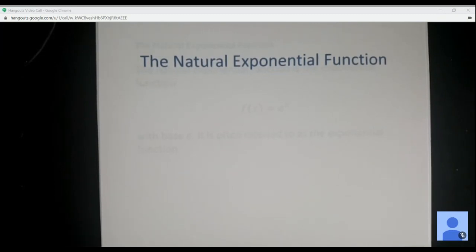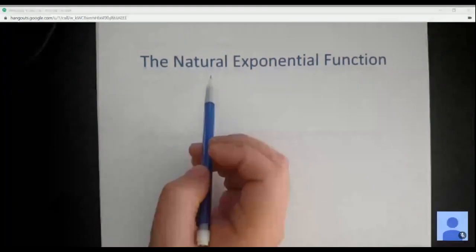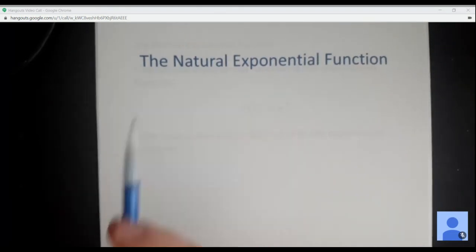All right, so the last section was about just general exponential functions, right? We could have a base of 2, a base of 3, a base of 4, whatever. We always want to talk about positive bases. We were always using integer values there, right? Okay, now we're going to look at a different base of our exponential function that we call the natural base. Okay, and so that's why we call this one the natural exponential function.